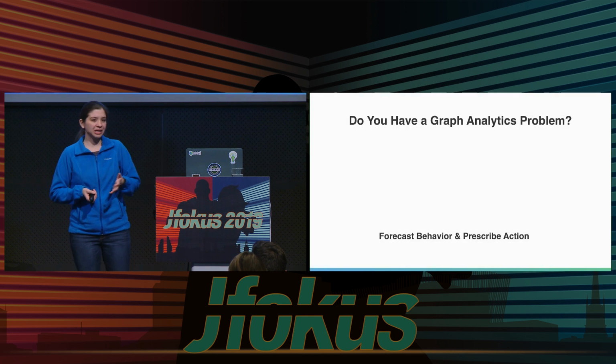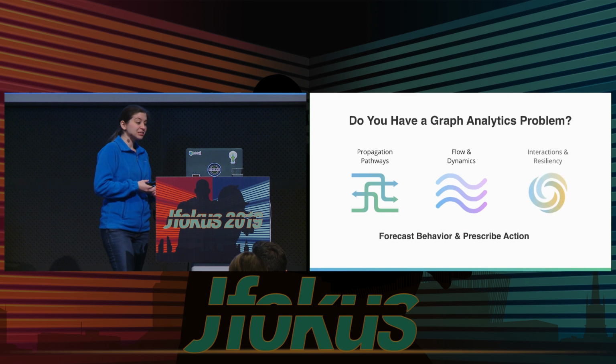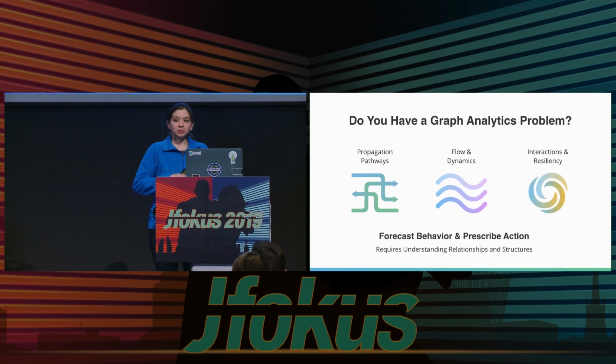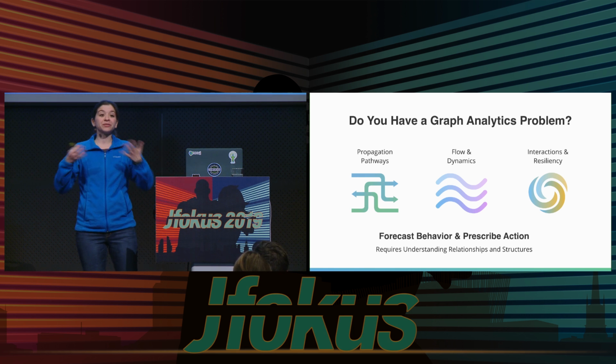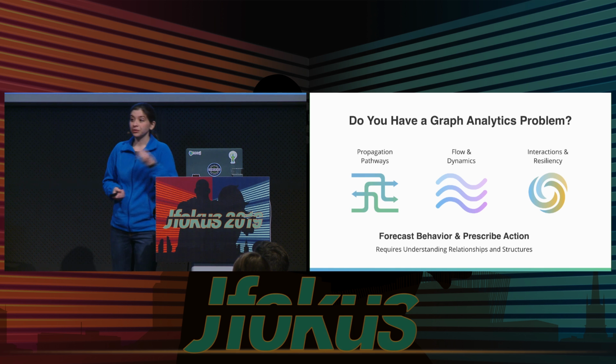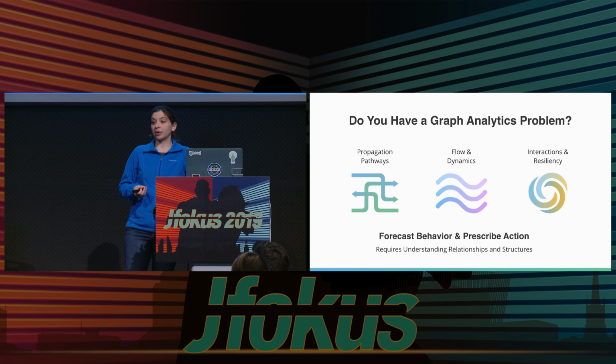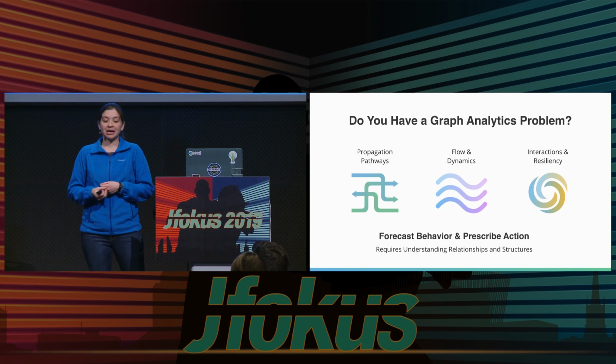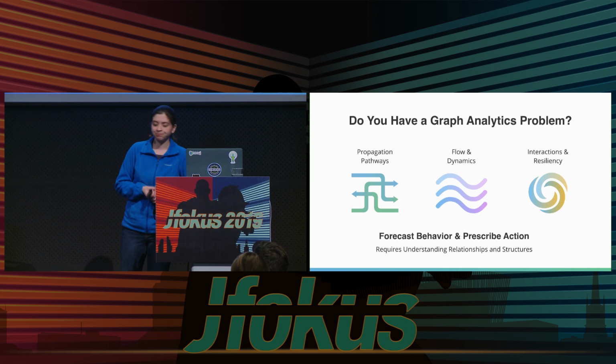We're going to talk a little bit today about 3 different areas of graph analytics. This will be different from the areas of graph algorithms we'll talk about in a bit, but just to look at the 3 different focuses of graph algorithms. The first is propagation pathways. So it looks at how things move through a network. What are the routes something takes, and how does it go from point A to B?